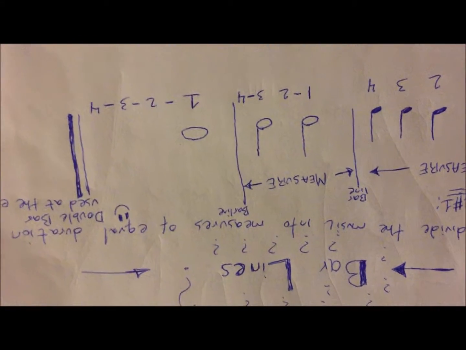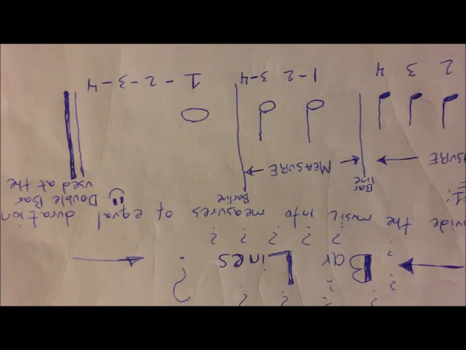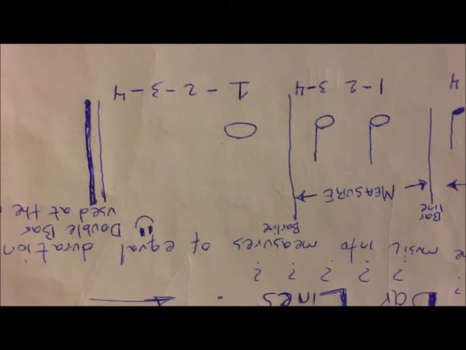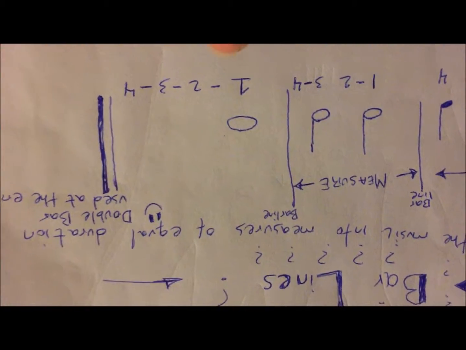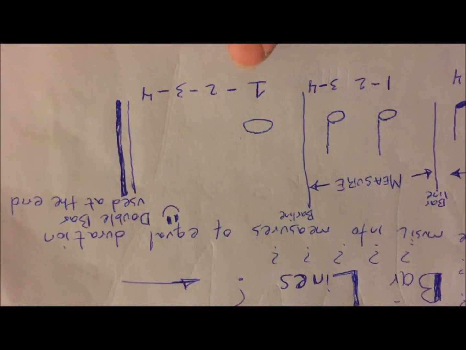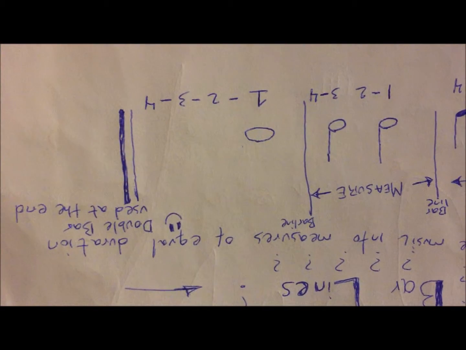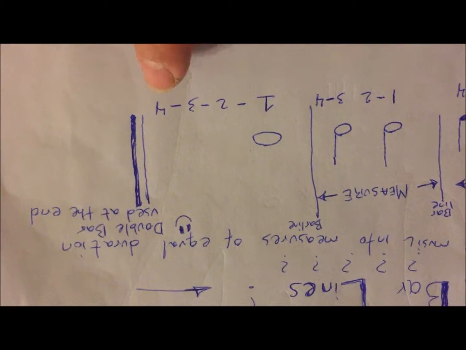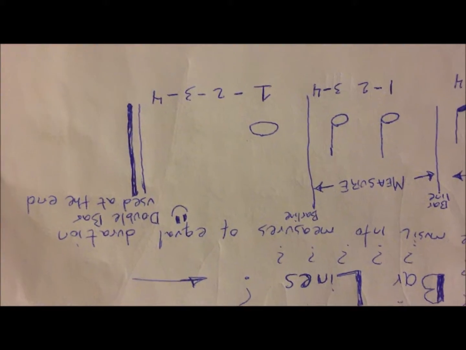So it's 1, 2, 3, 4. And the longest note value is the whole note, and it is equal to 4 counts. 1, 2, 3, and 4.